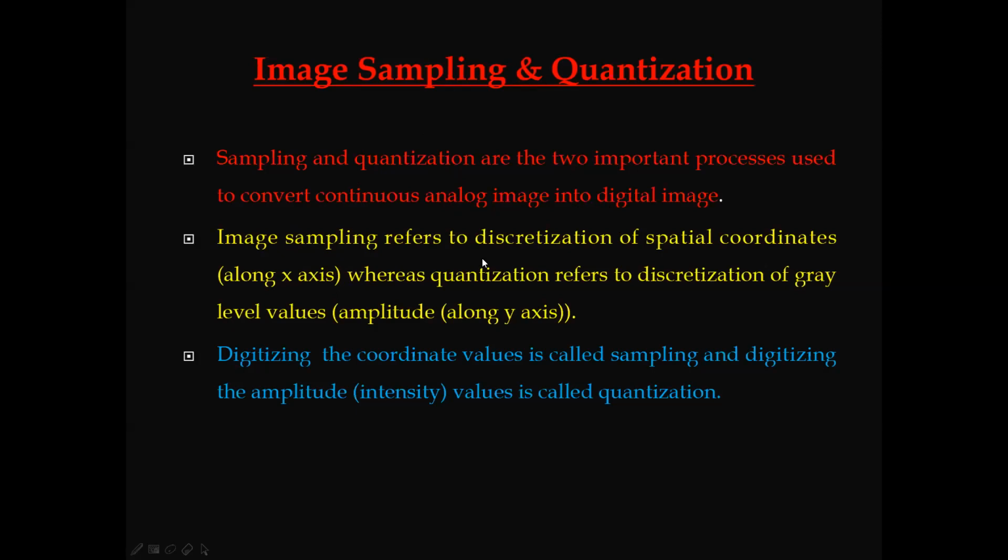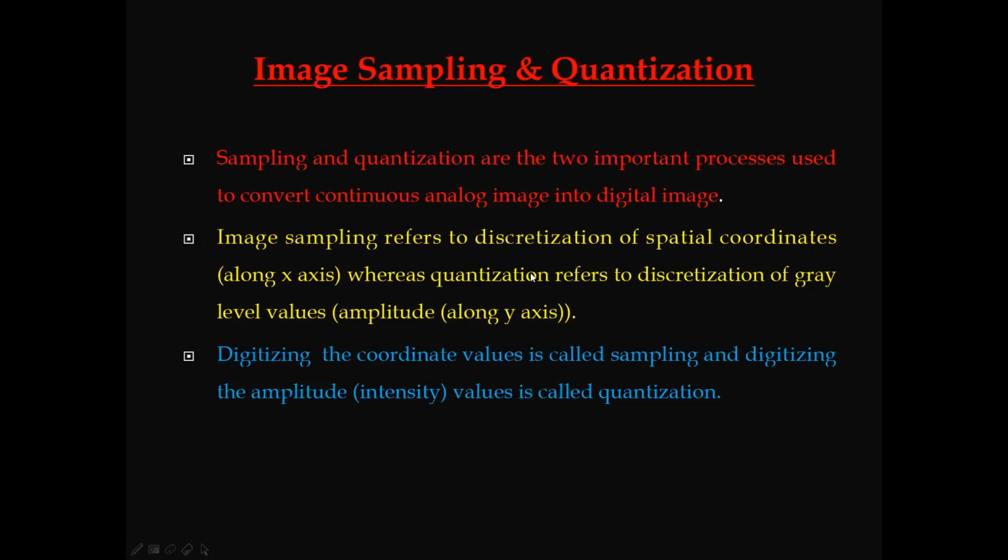Image sampling refers to the discretization of spatial coordinates, meaning digitizing the spatial coordinates is called image sampling, whereas quantization refers to the discretization of gray level values. That means digitizing the amplitude values of the image is quantization. Similar to a signal, digitization of time is sampling and digitization of amplitude is quantization.